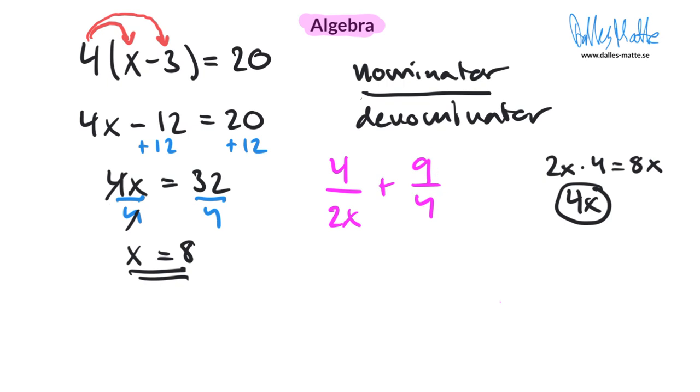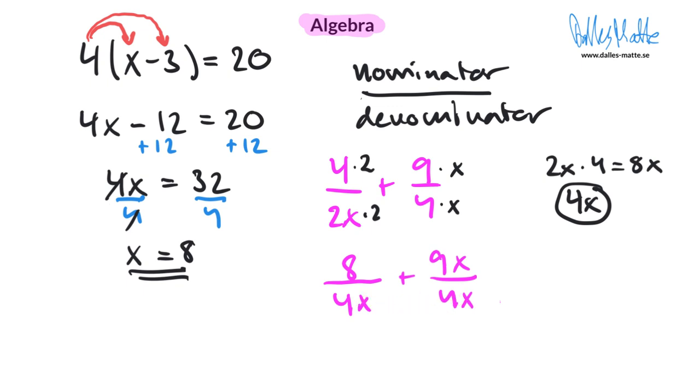And we can do it like this. 4x, okay, 2x multiplied by 2, and then I need to do exactly the same in the numerator. And for the 4 I need to multiply by x, and the same in the numerator. And now we have 4 multiplied by 2 is 8, divided by 2x multiplied by 2 is 4x, plus 9x divided by 4x. And now we have the same denominator.